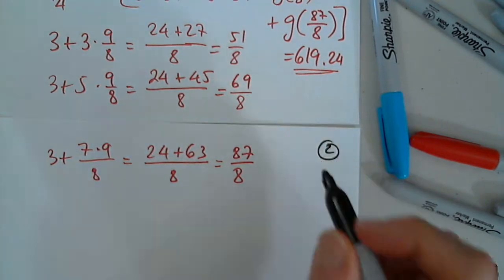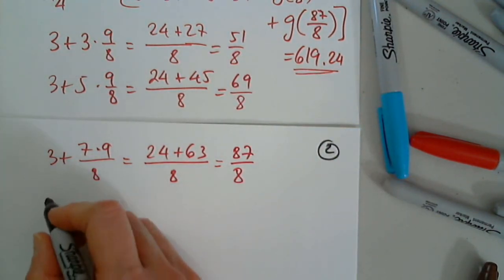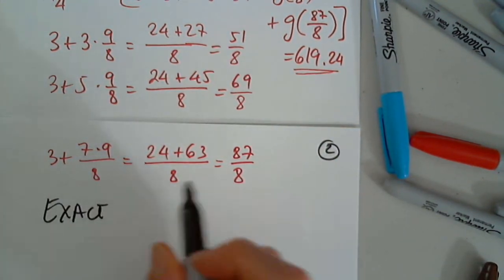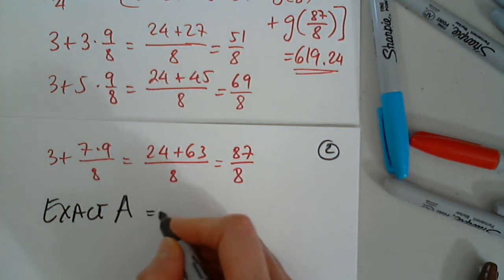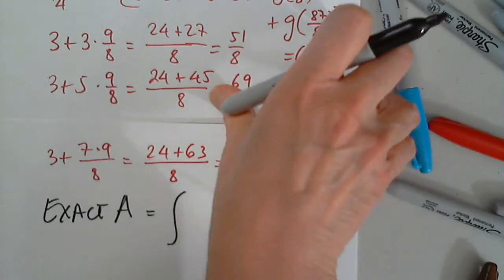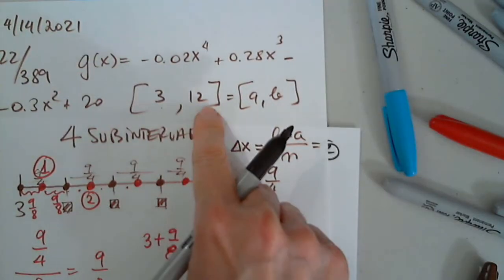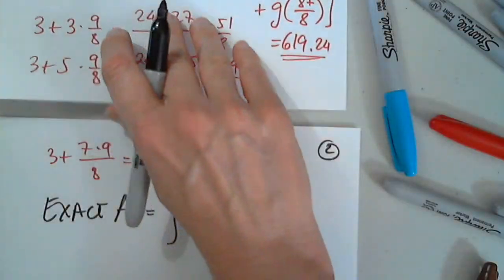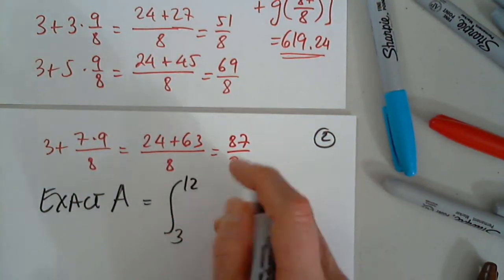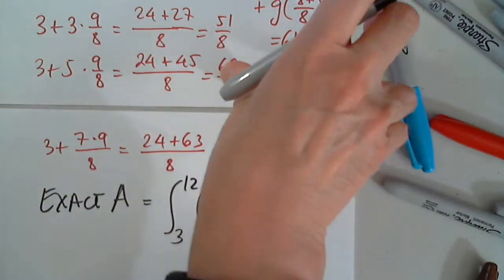Let's do it. So this is not going to be exactly what I'm going to get here, but the exact area is the integral from 3 to 12 of this function. Well, let's do that. Now we have the exact, which will not be exactly that. It will be the exact.